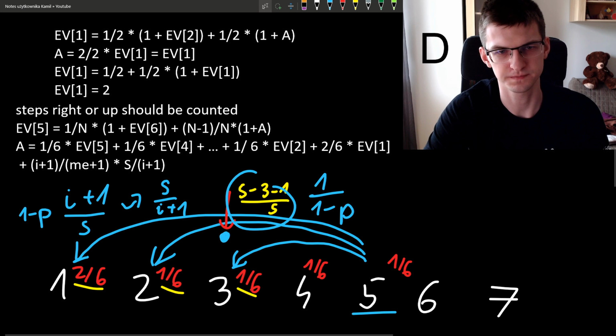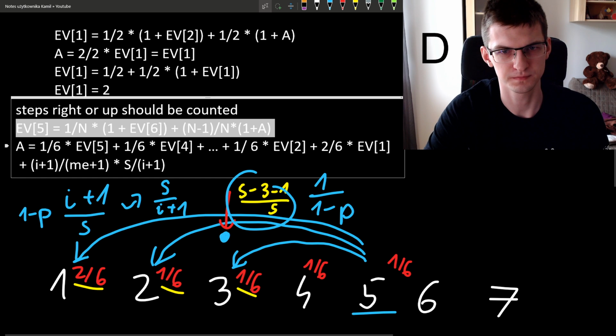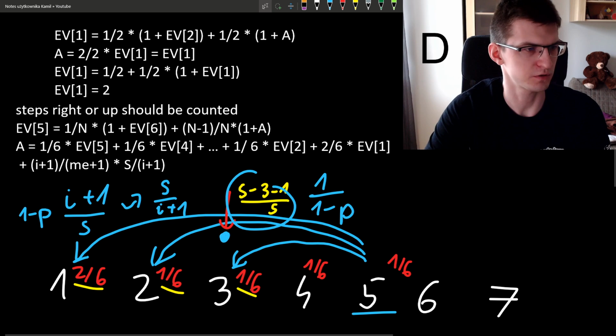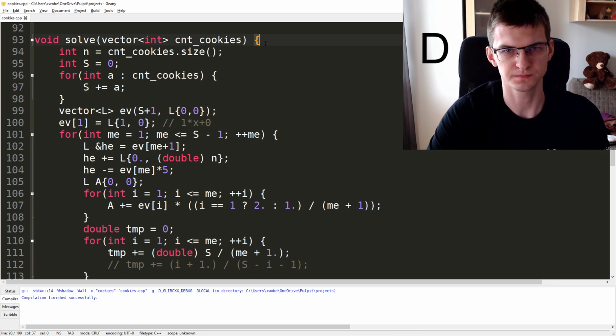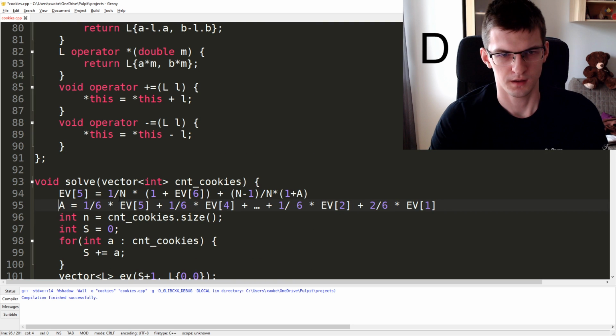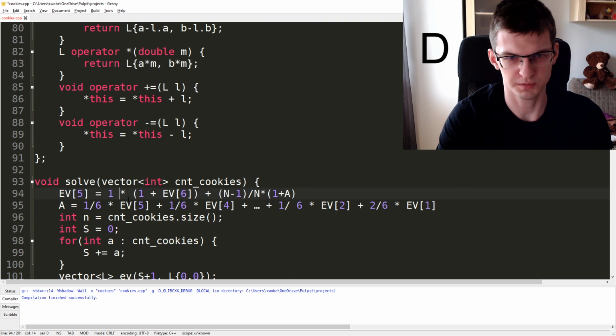So this alone should work. Let's work with that. Multiply both sides by n.